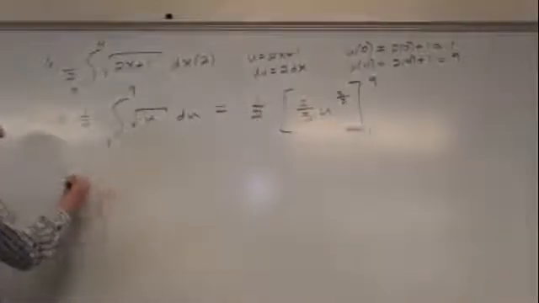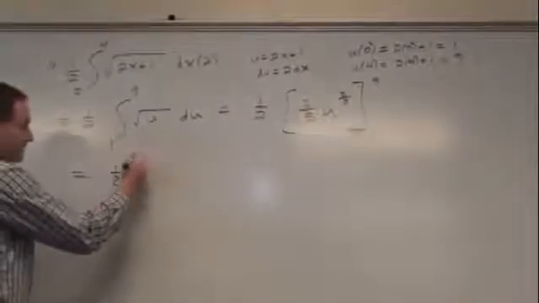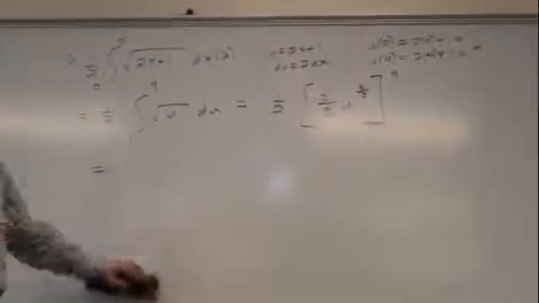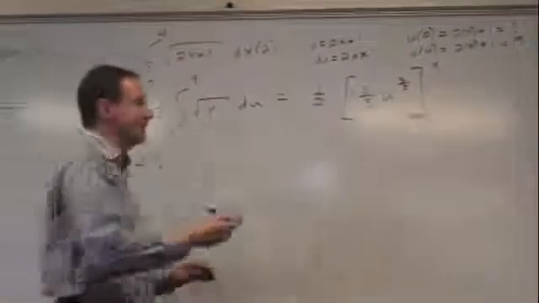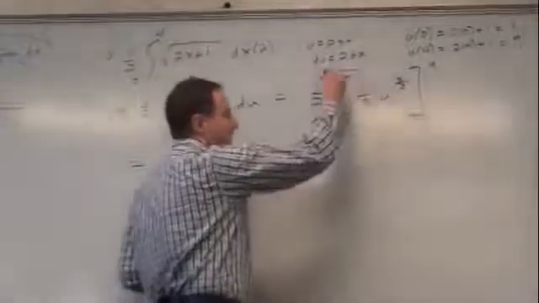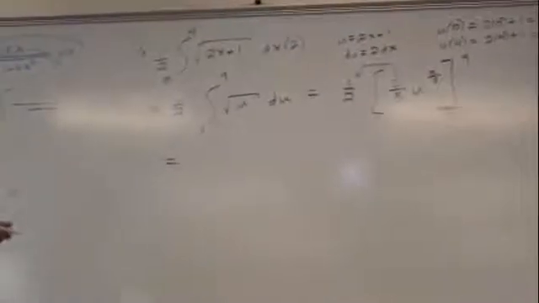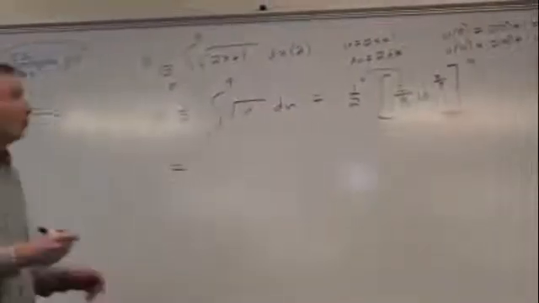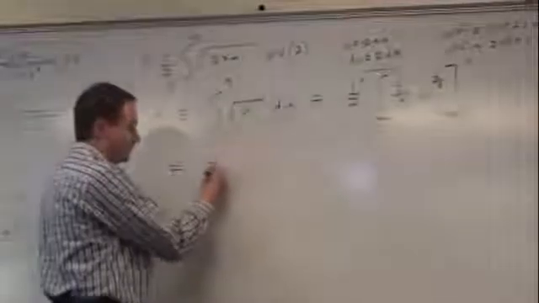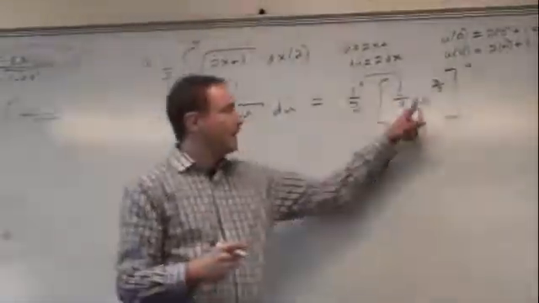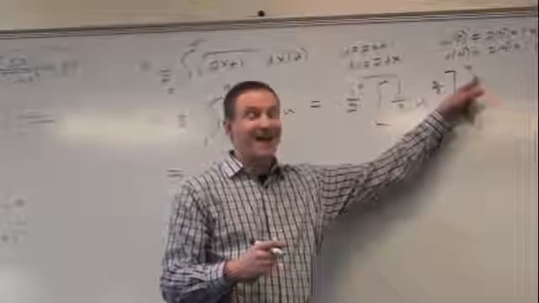Something I would recommend: any constant can always be factored out, and you'll make your work a little easier if you do. So 1/2 times 2/3 is going to be 1/3 times the group, and I need to evaluate this at 9.